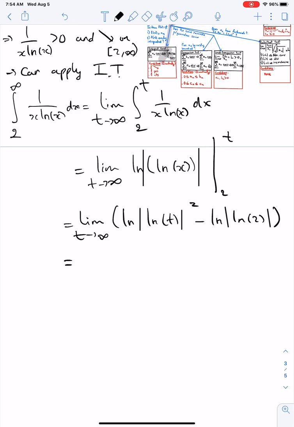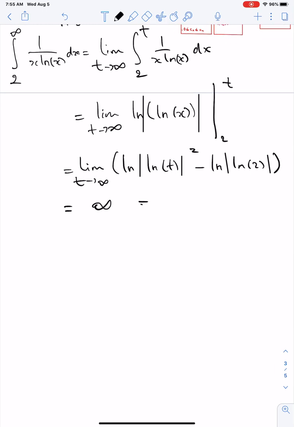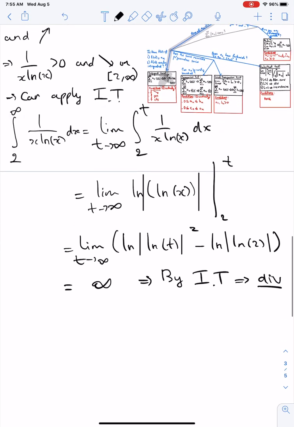So ln infinity is going to be infinity, so it's infinite. By the integral test, it's divergent. Okay, all right, nice.